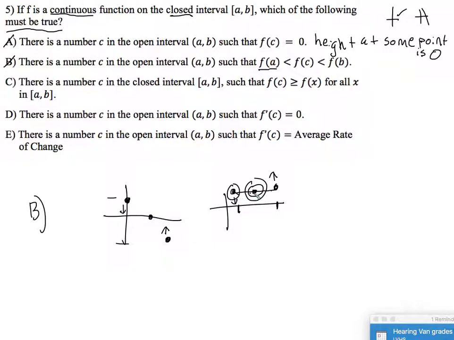It is exactly equal to these heights. There's no equal sign. It has to be between it without equaling it. So it can't be true in this constant function case. So this is not a must be true. This is a might be. And because we're doing a must be, this one is not true. We're not looking for B.